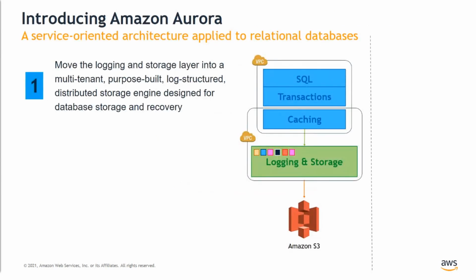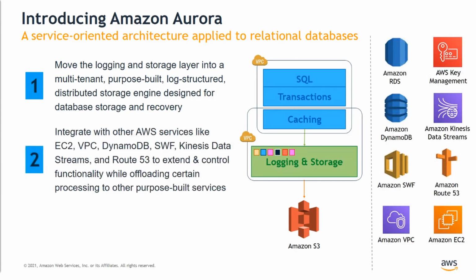So this is where Aurora really shines. It took a service-oriented approach to relational databases. And so what we did was we moved the whole transaction logging and storage layer into a separate multi-tenant, purpose-built log structured storage engine that is designed from the ground up to be able to offload database recovery and storage.